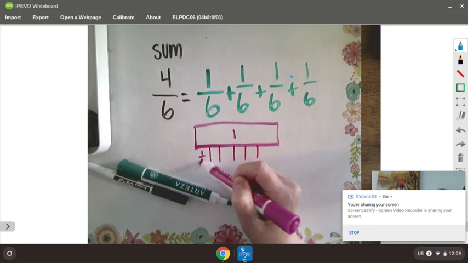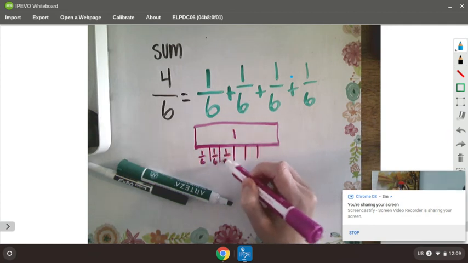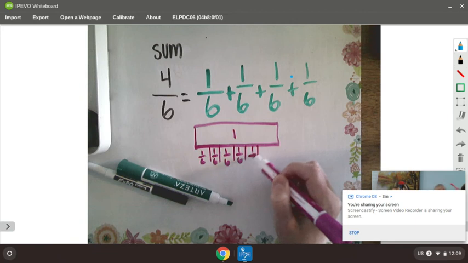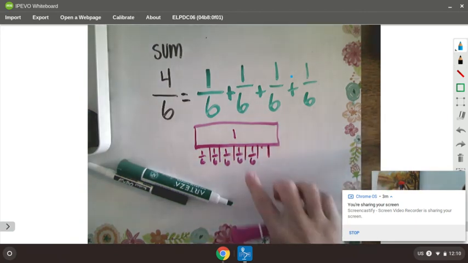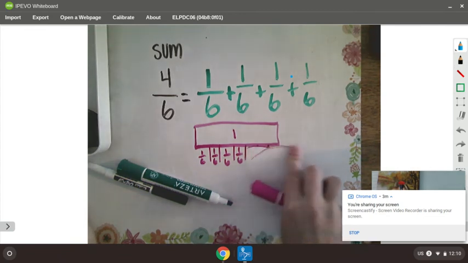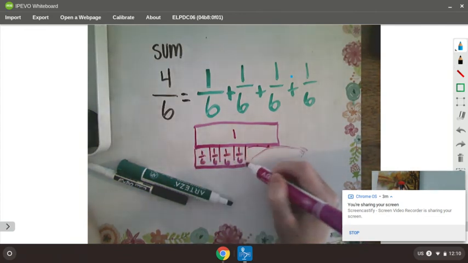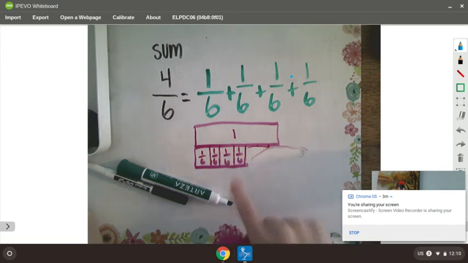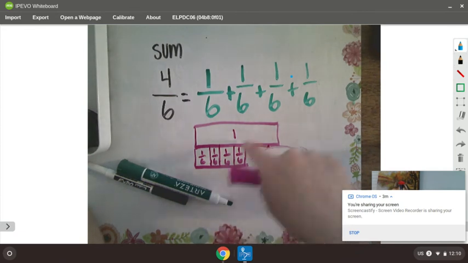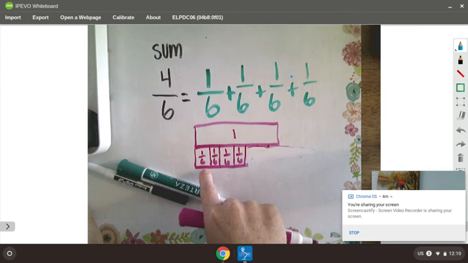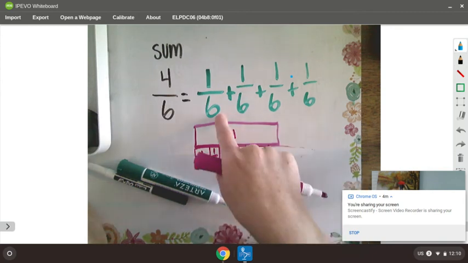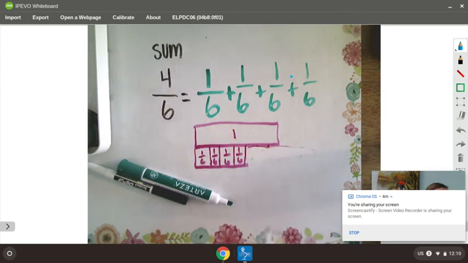I keep giving you 6/6 instead of 4. So here you can see 4/6 compared to the one whole, and when you add up 4 1/6 size pieces, you get 4/6. Hopefully I didn't confuse you too much there.